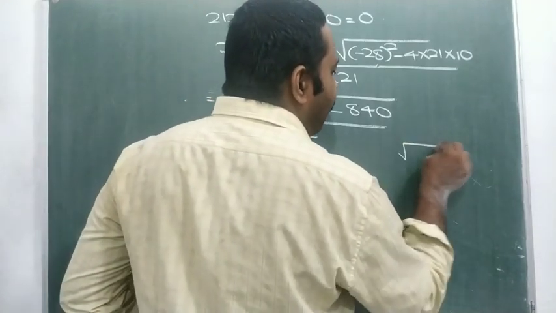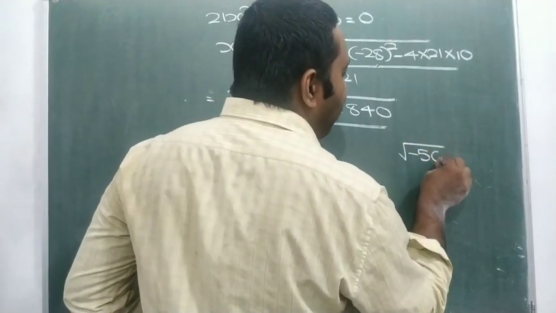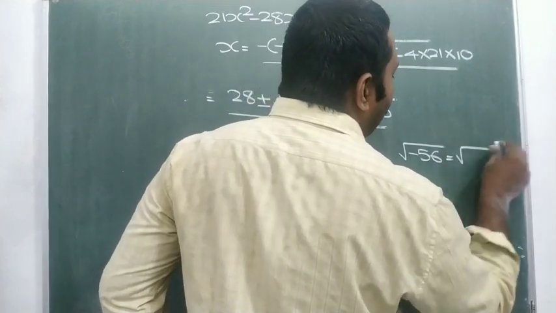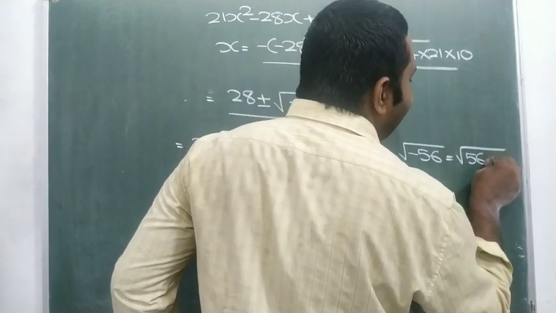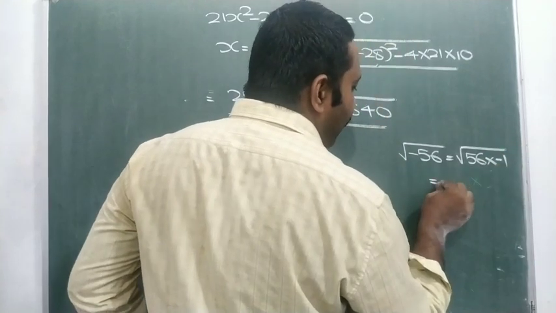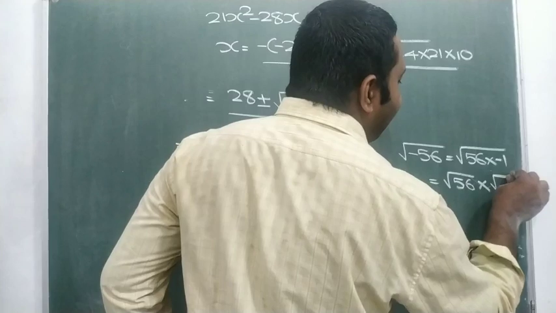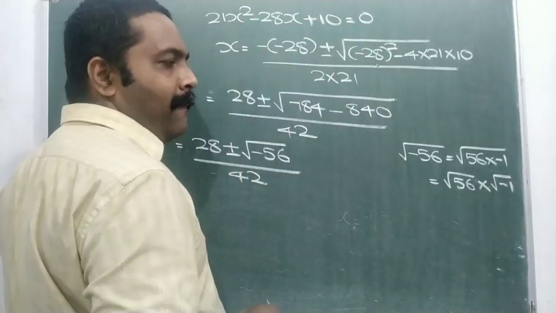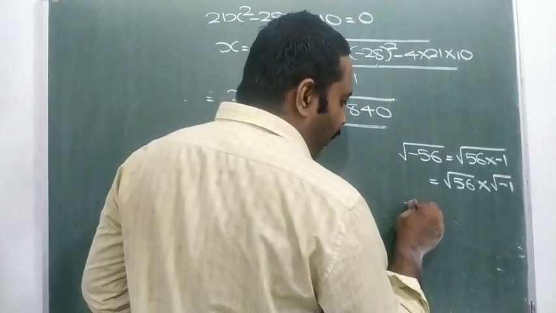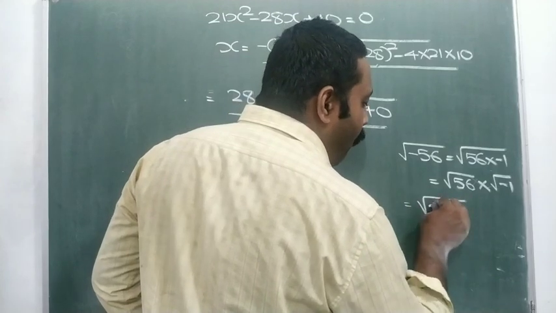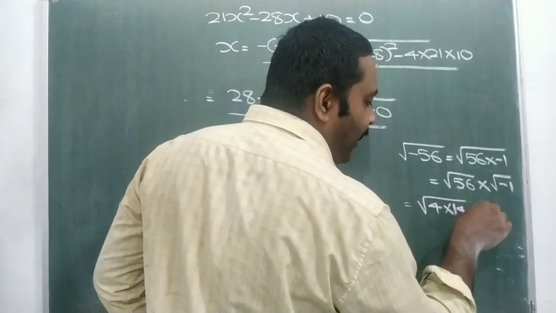Root of minus 56 can be written in the form root of 56 into minus 1. It will be equal to root 56 into root minus 1. Okay, root 56 is 4 into 14, right?